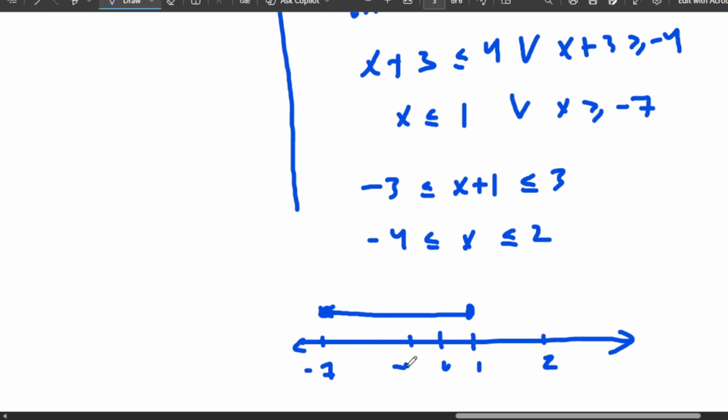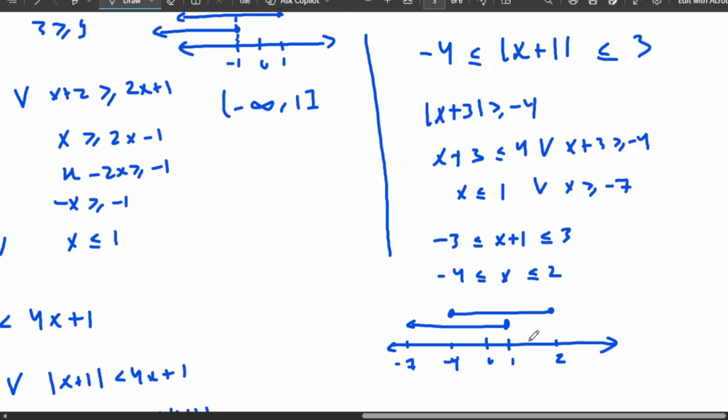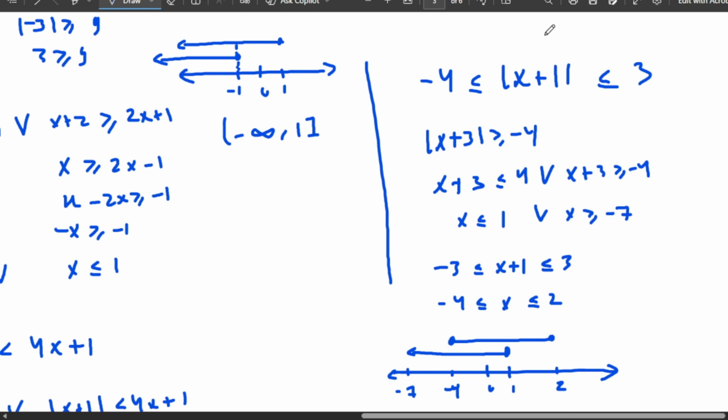So negative 4 was here and 2 was here, so we have a closed circle here and a closed circle here. On this side, x will be less than or equal to 3. On this side, it will be greater than or equal to negative 4.